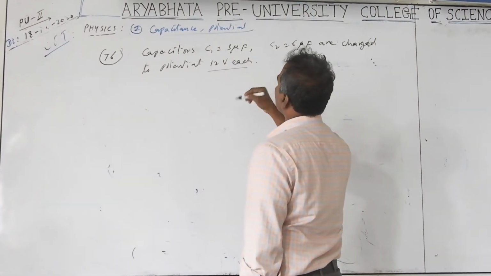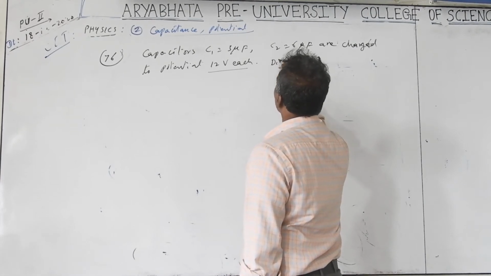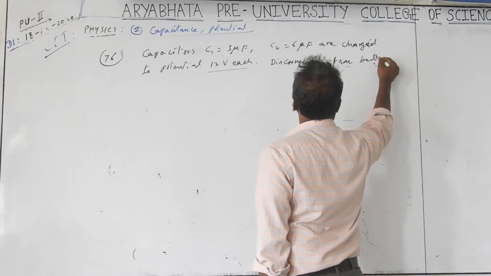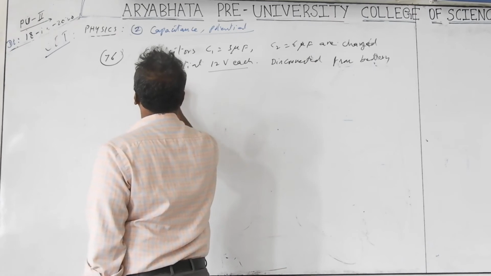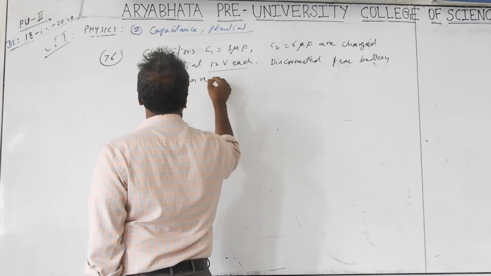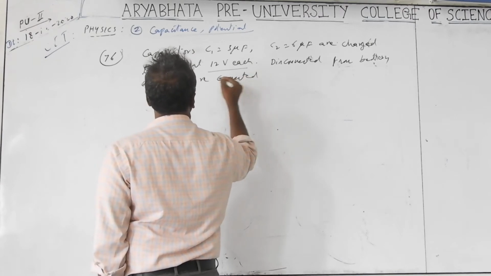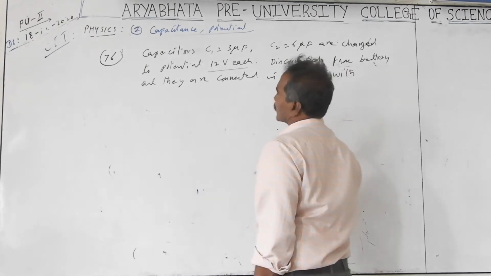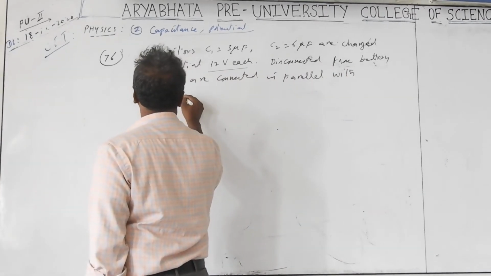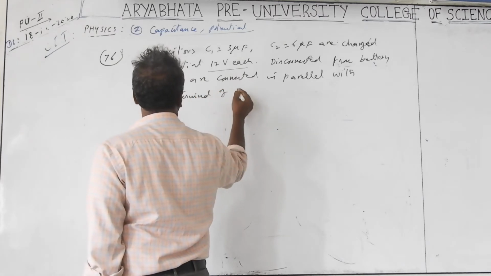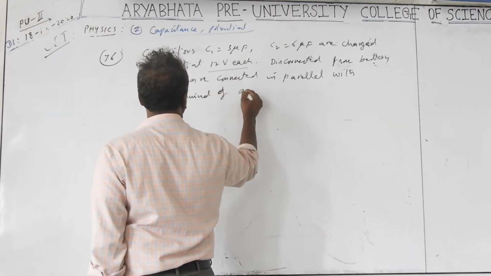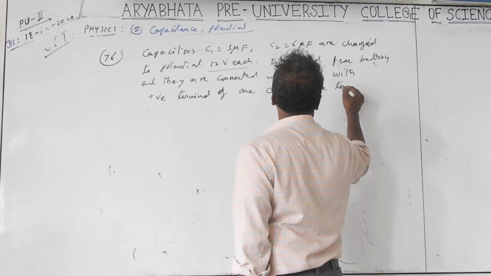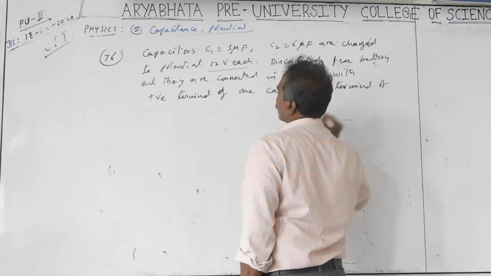They are disconnected from the battery and connected in parallel with the positive terminal of one capacitor to the negative terminal of the other capacitor.